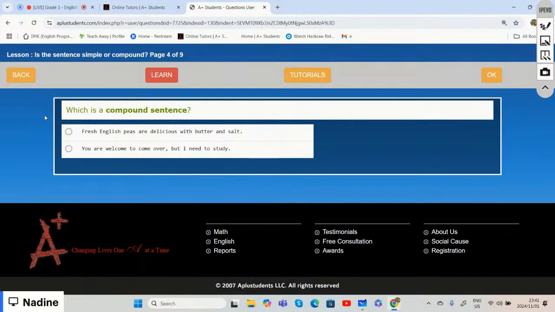We need to say which one is a compound sentence. Option one, fresh English peas are delicious with butter and salt. Or option two, you are welcome to come over, but I need to study.